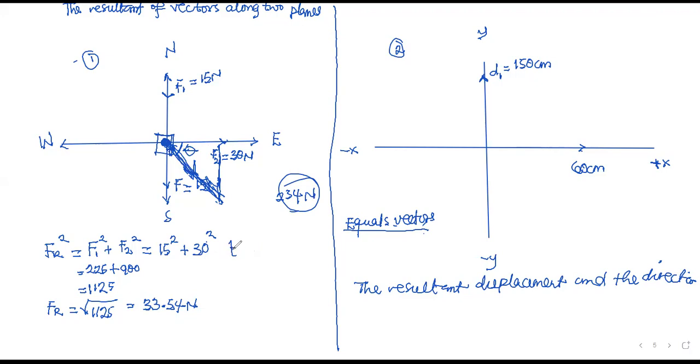So if I take tan of theta, tan is opposite, which is 15, divided by the adjacent, which is 30. So I have half. So what is the tan inverse of half? Please calculate that for me. Tan inverse of half.